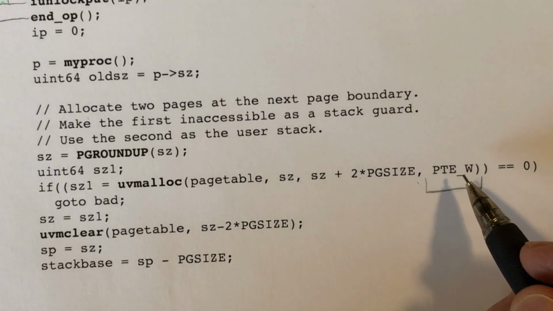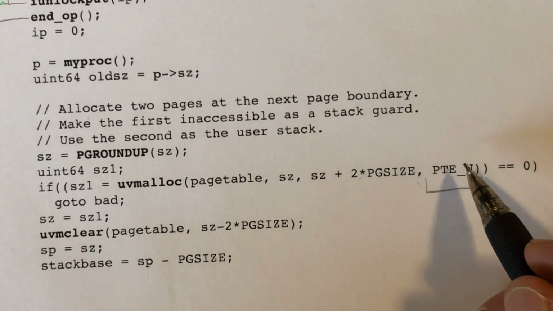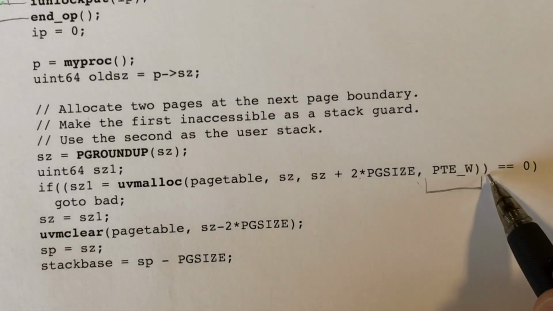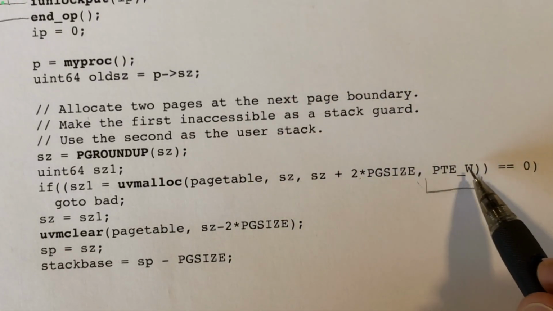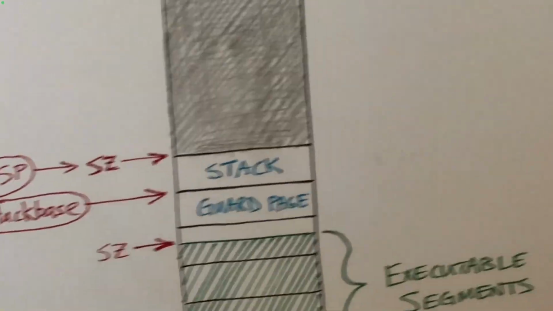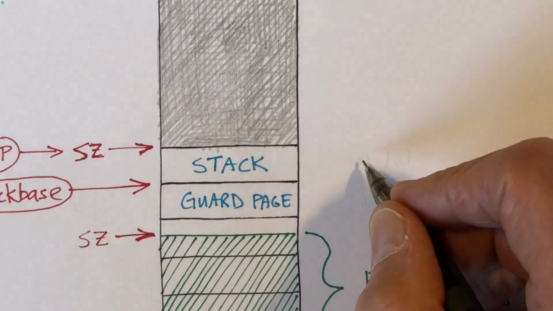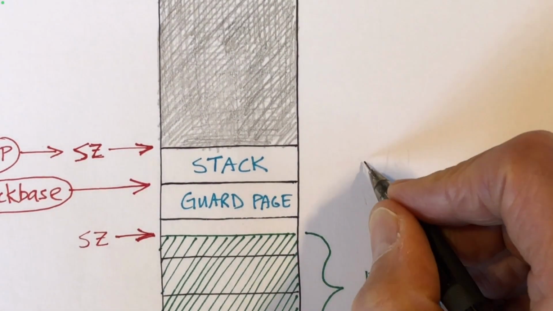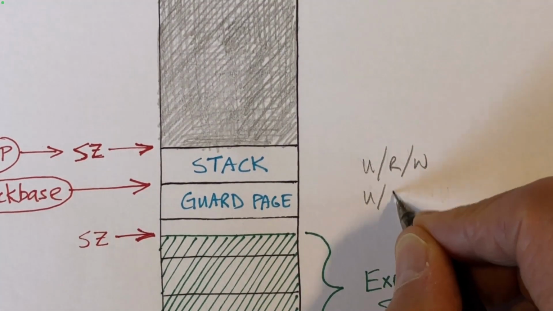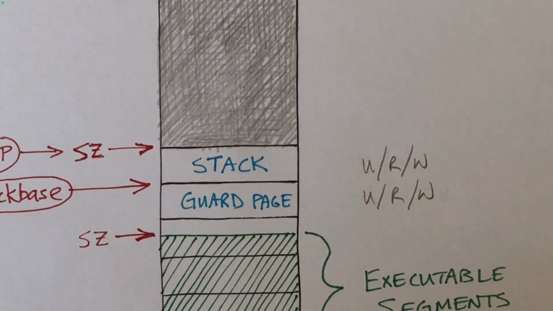These pages will be marked as readable and accessible in user mode by the UVM-alloc, and this new argument to UVM-alloc, in this case, will mark the pages as writable as well. So we can go ahead and mark these pages as accessible in user mode, readable, and writable.